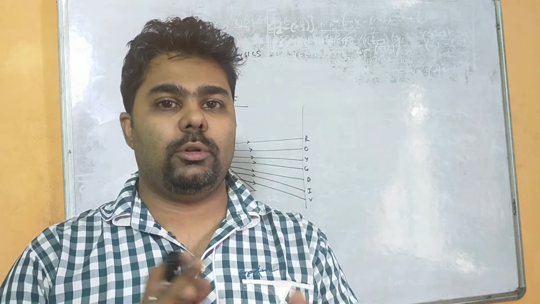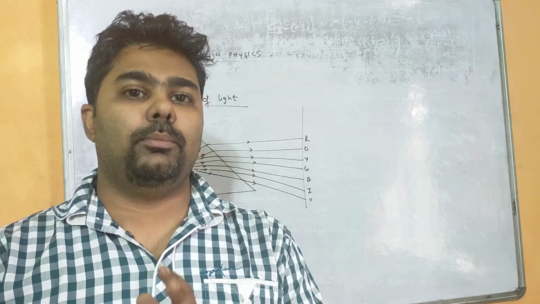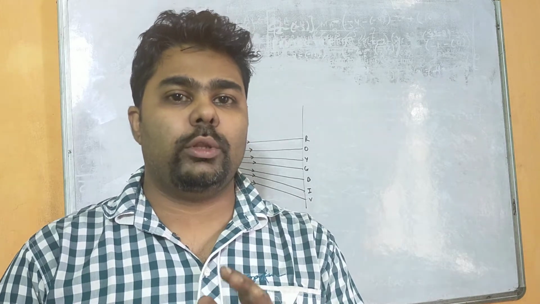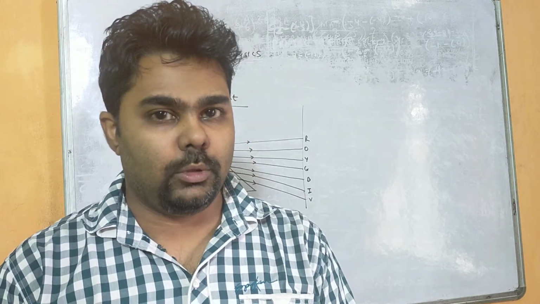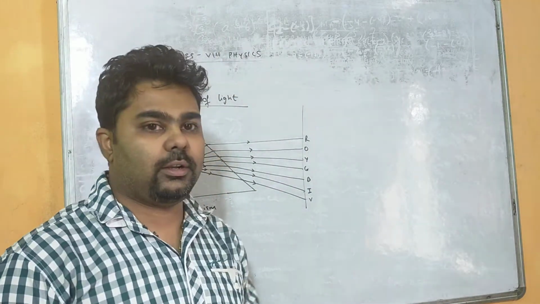So when they travel through a refractive medium, that is the prism, every different color moves with a different velocity. Okay, the speed of different colors is different here, so therefore the bending is also different. So they get bent at different angles. So that is why we get these 7 colors.